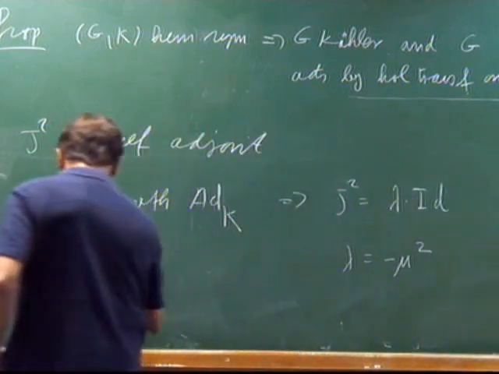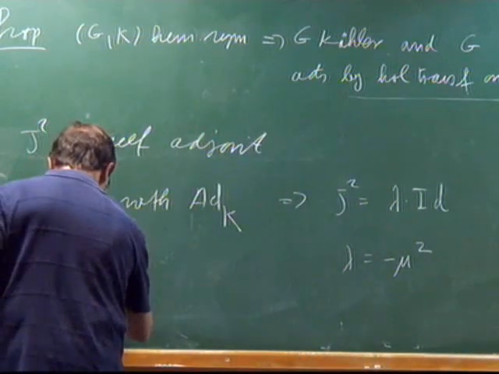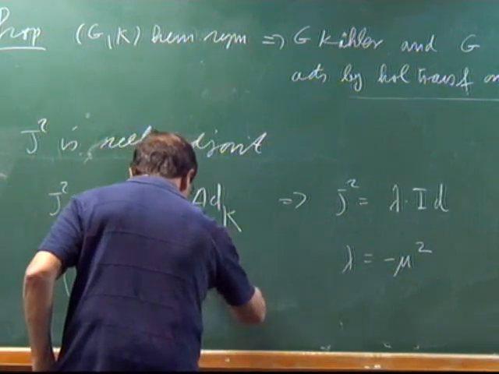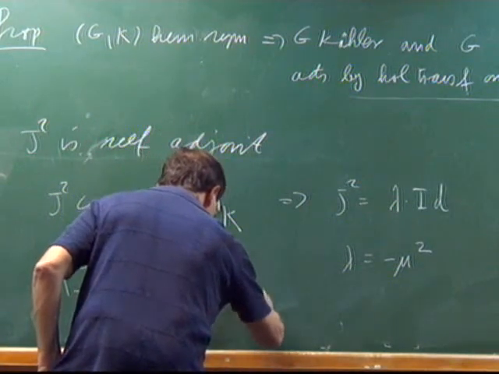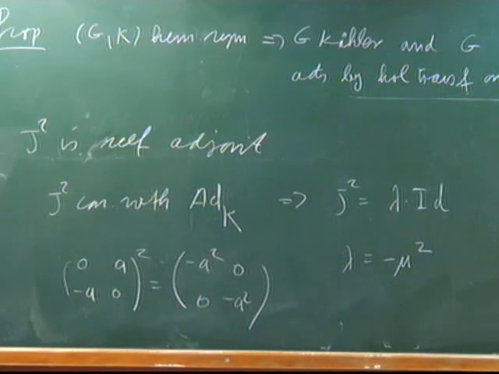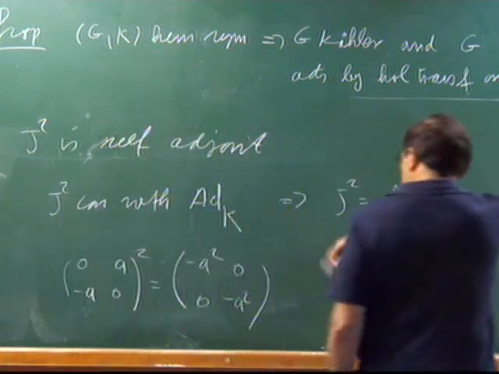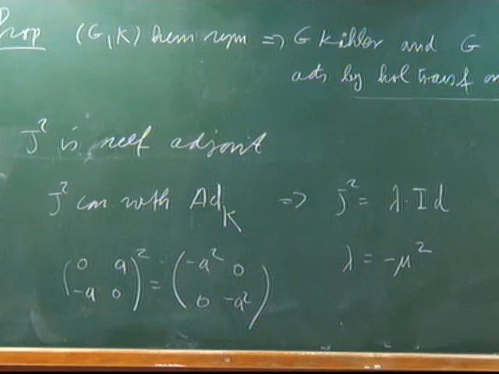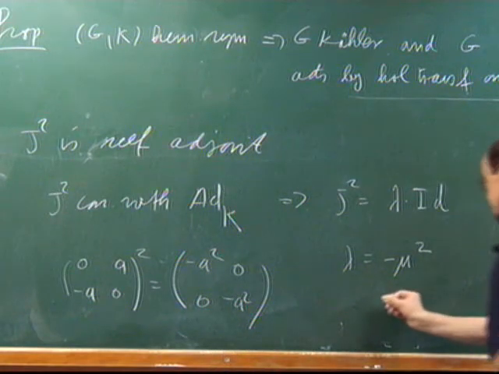Remember, a normal form of a skew adjoint matrix looks like this in some basis. And the square is minus a squared, 0, 0, minus a squared. So it means if I choose such a basis, it must be negative on the diagonal. Since it's a multiple of the identity, it must be a negative multiple of the identity. So we divide by mu, absolutely.